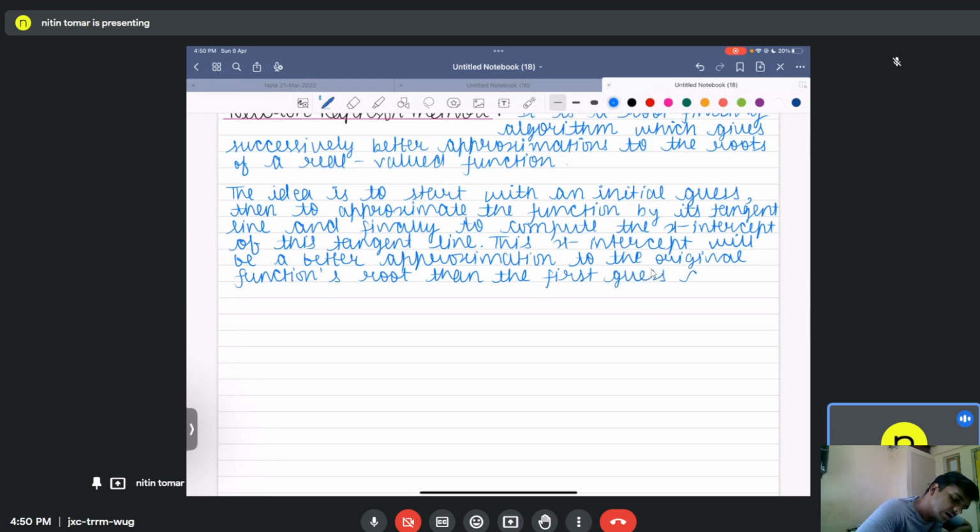And you can continue this method for iteration to obtain the iterative sequence. The method gives a sequence of iterations.